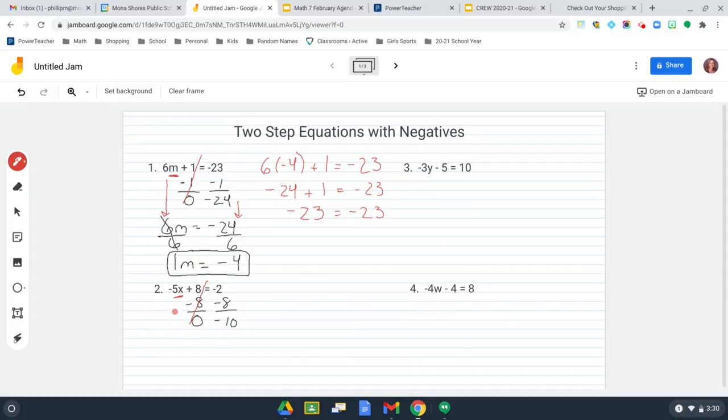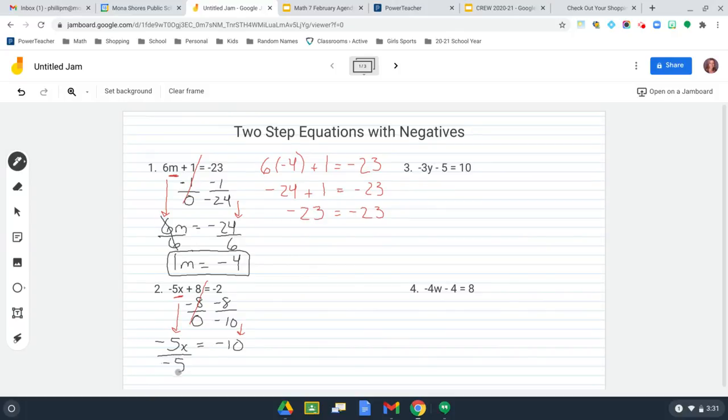Okay, so looking at what's left, I have negative 5x left, and I have negative 10. Alrighty, so we need to get rid of the negative 5 that is being multiplied by x right now. To get rid of that, we're going to use division.